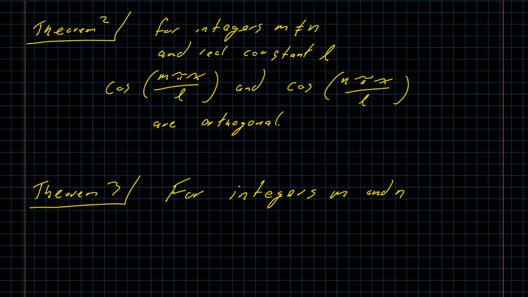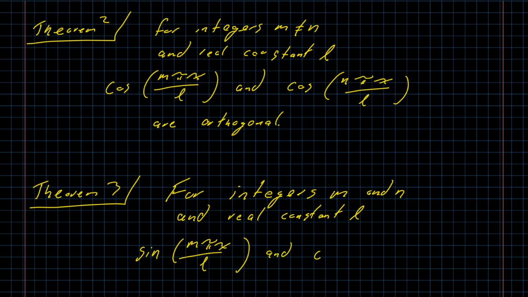For any integers m and n, and real constant L, then this time we're going to mix our functions. Sine of m pi x over L and cosine of n pi x over L are also orthogonal.